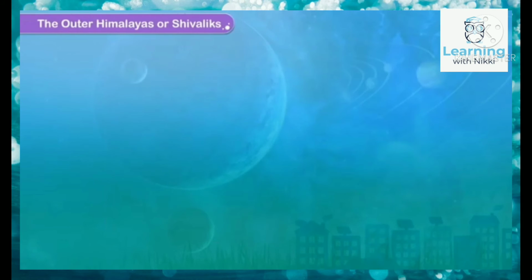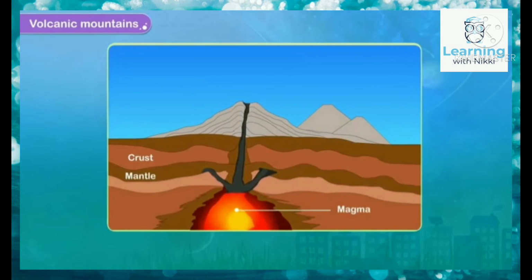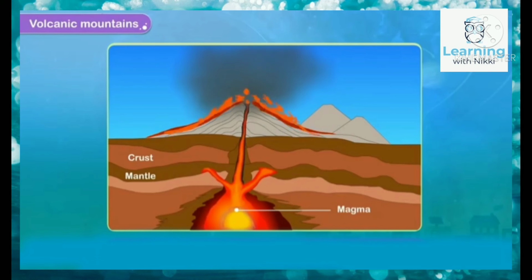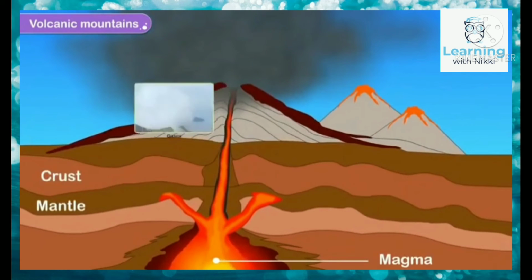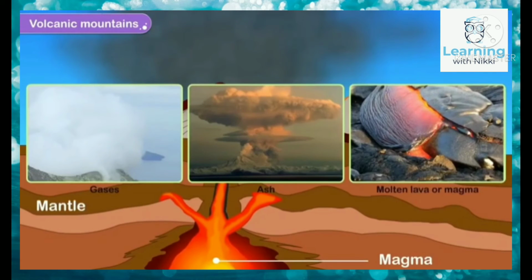Now see volcanic mountains. Volcanic mountains are formed due to the heat generated by internal activities inside the earth. The heat generated by these internal activities is so strong that at some places it opens the earth's crust, resulting in eruption. You can see in this picture. Now see, gases, ash, molten lava or magma are released on Earth's surface.